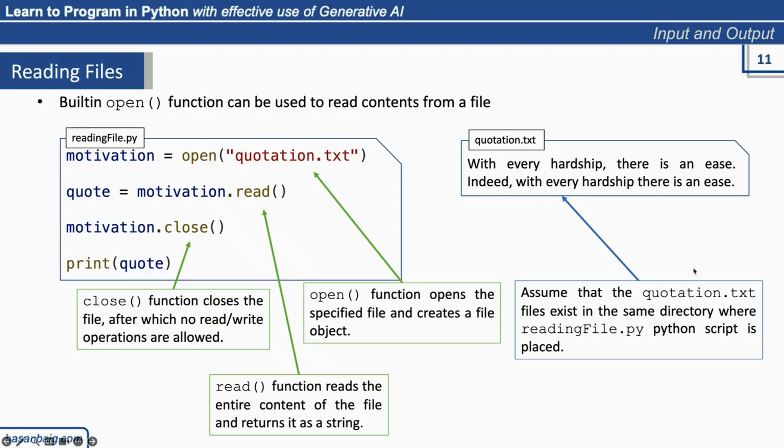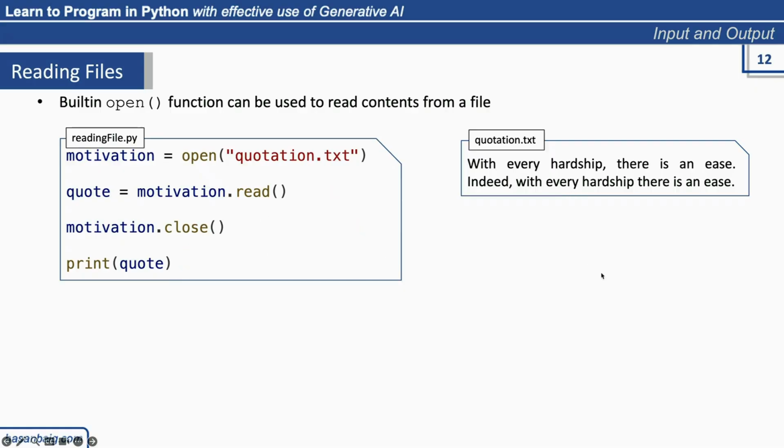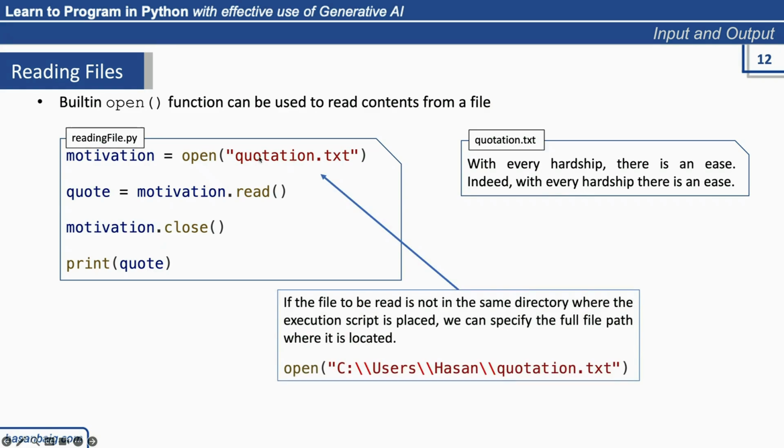Here we are assuming that this file is placed in the same directory. If it is not in the same directory, you need to specify the complete file path here. This is an example for Windows users: C is a drive, users, another directory, Hasan, another directory, and quotation.txt. So wherever it is placed, you need to specify the file path here.